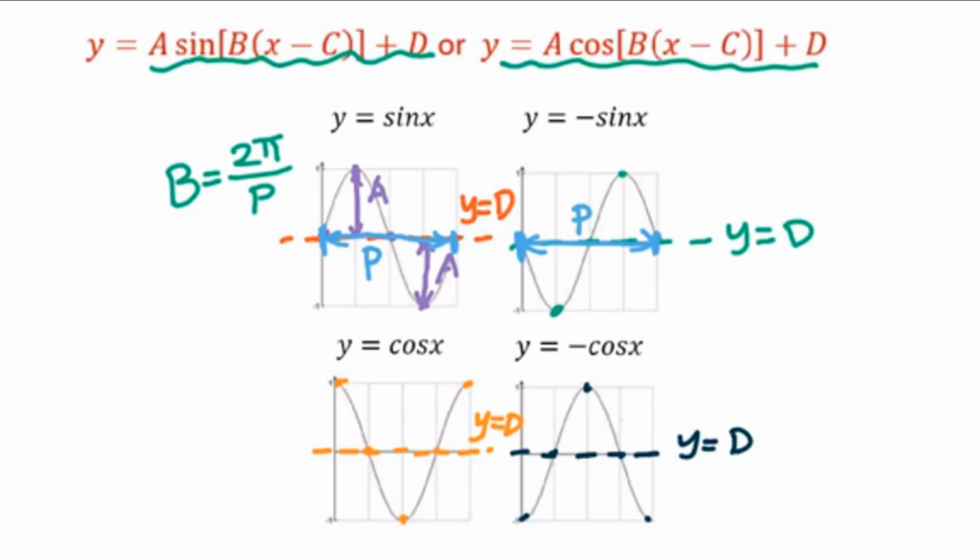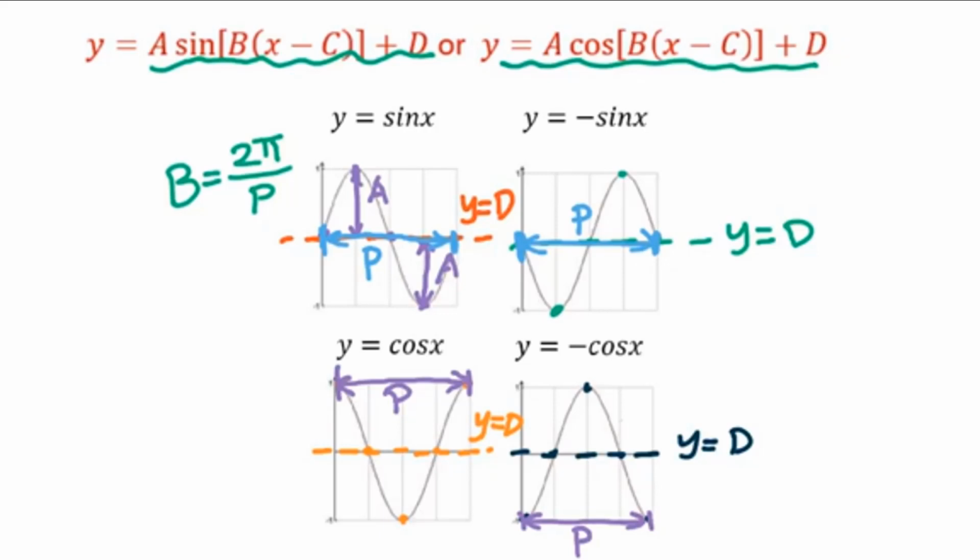Or you can figure out the period by finding the nearest maximum values, like these two. That's the period. Or you can find the minimum values. The distance will be the period. So after you figure out the period, you will find the B. B equals 2 pi over P.